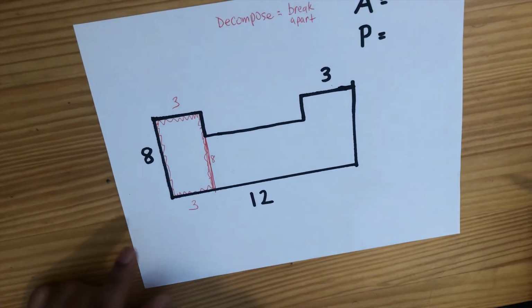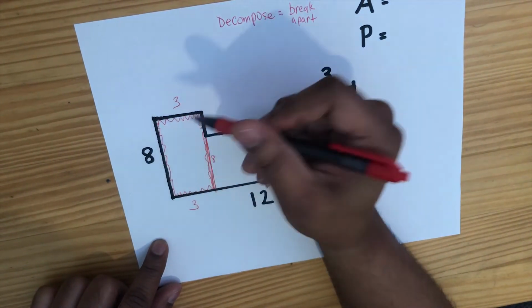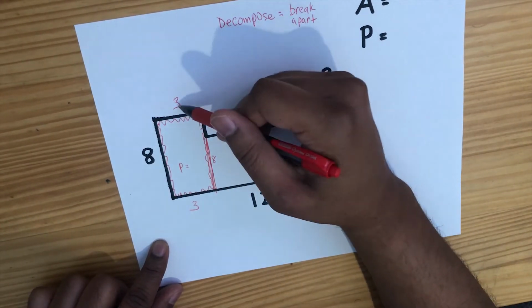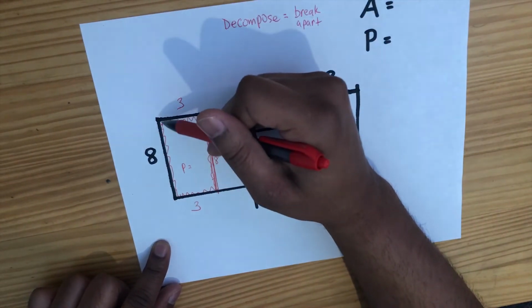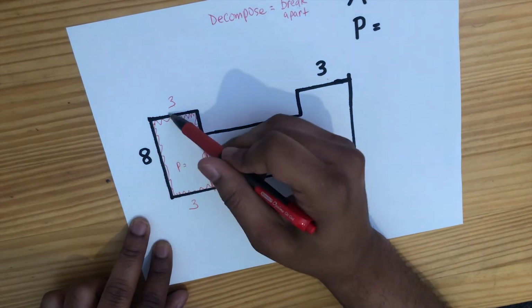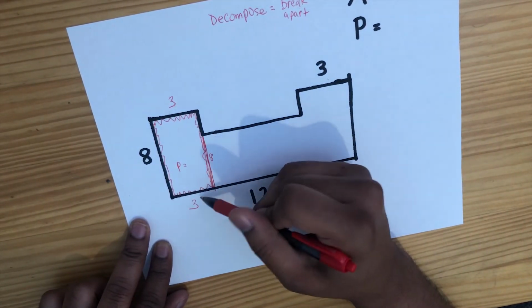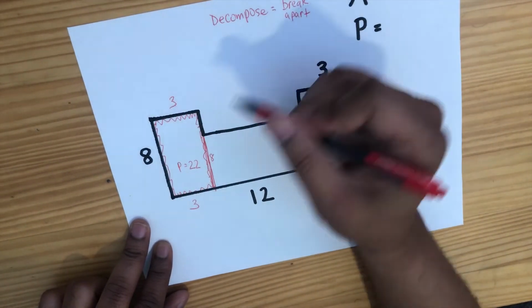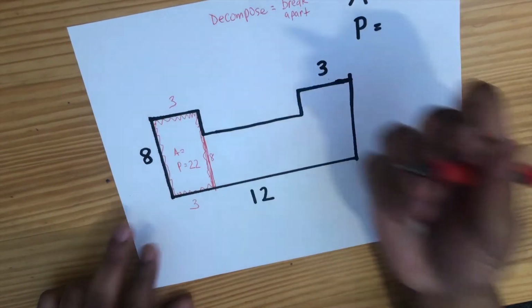So now we're looking for the area and the perimeter of this shape. I can find the perimeter already by just adding all 4 sides up. 8 plus 3 is 11. 3 plus 8 is 11. 11 plus 11 is 22. Now to find the area, there are 2 things we can do.